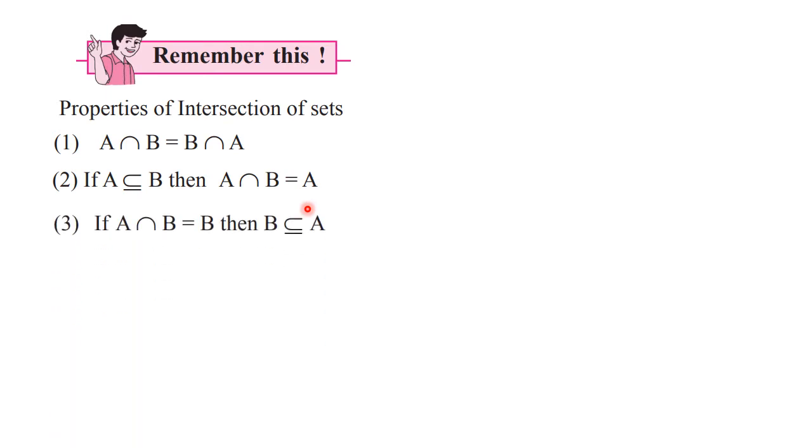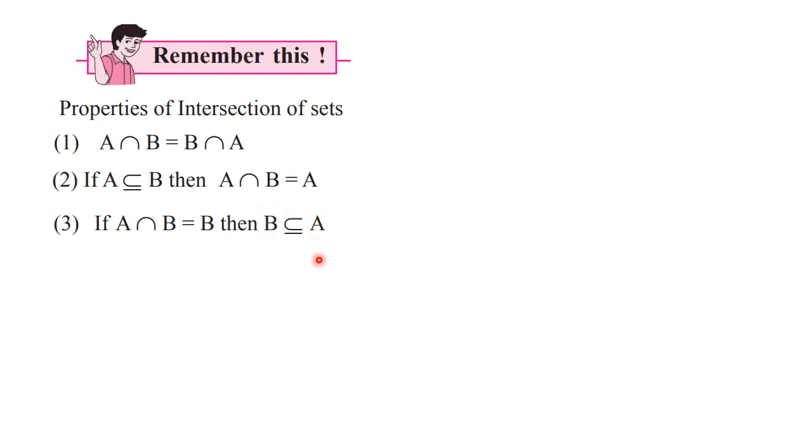Next property, if A intersection B is B, then B is subset of A. This is called as converse of this. A intersection B is B means what? B is the smaller set. Therefore, B is subset of A. You know that while writing, we write the smaller set first and the bigger set afterwards.